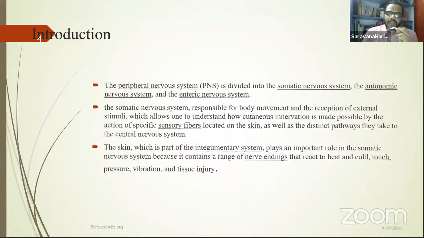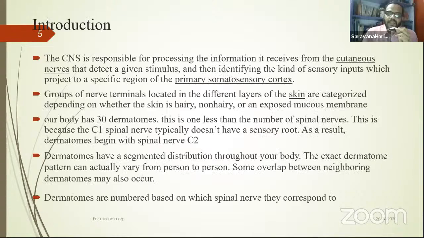The CNS is also responsible for the information, even though it comes from the dermatome. These cutaneous nerves go through the afferent nerves to the spinal cord, then to the primary somatosensory cortex, where you perceive what is the pain, what is the touch, and so on.